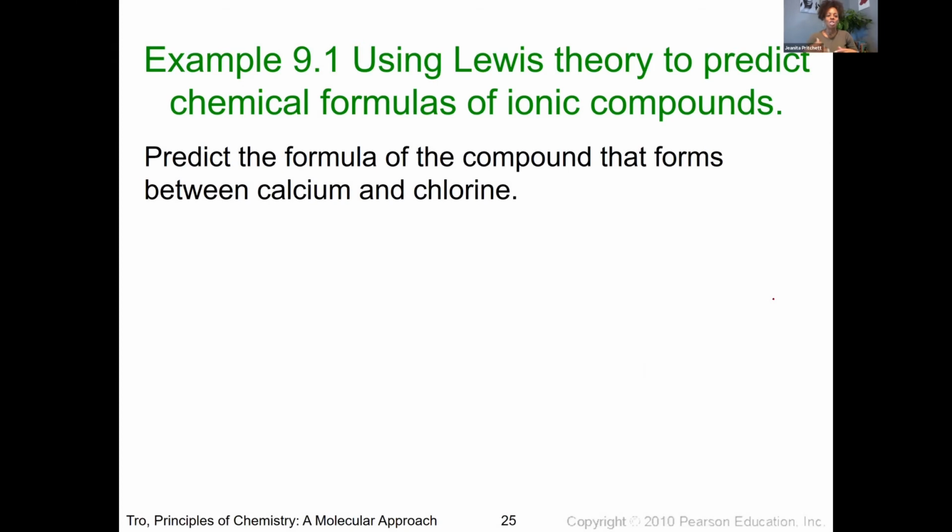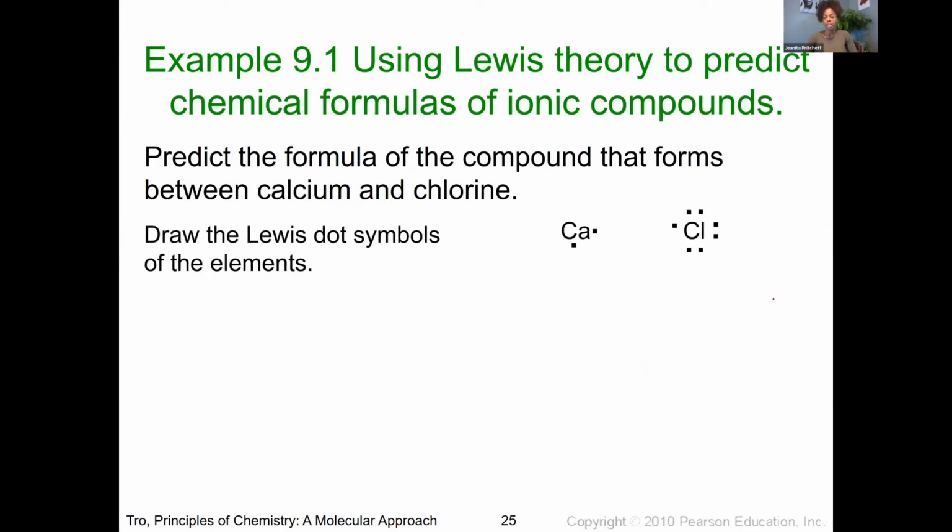All right, so let's try an example here. It says, using the Lewis theory, let's predict the chemical formula for these ionic compounds. So predict the formula for a compound that contains calcium and chlorine. Well, we know calcium has 2 valence electrons, it's group 2. Chlorine has 7 because it is in group 7. And so we know that calcium would be able to transfer at least 1 electron to that chlorine that is present.